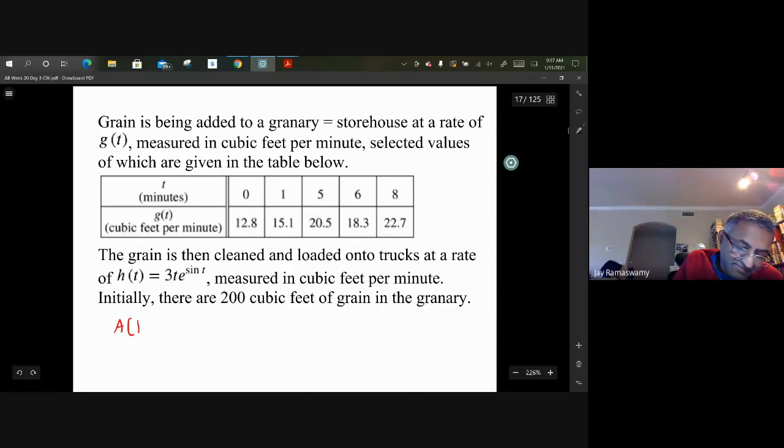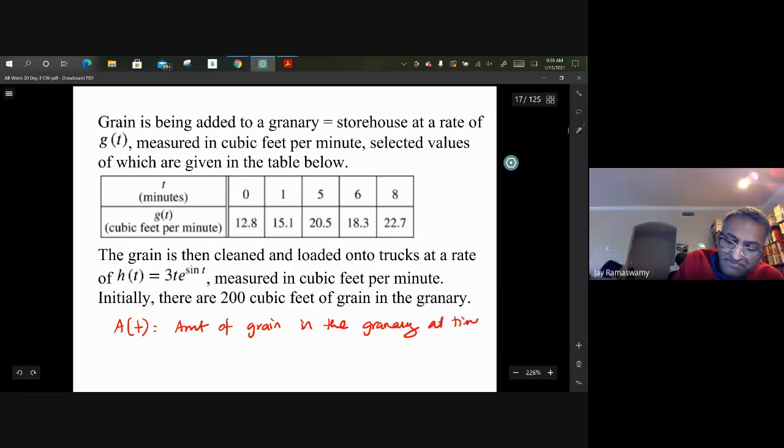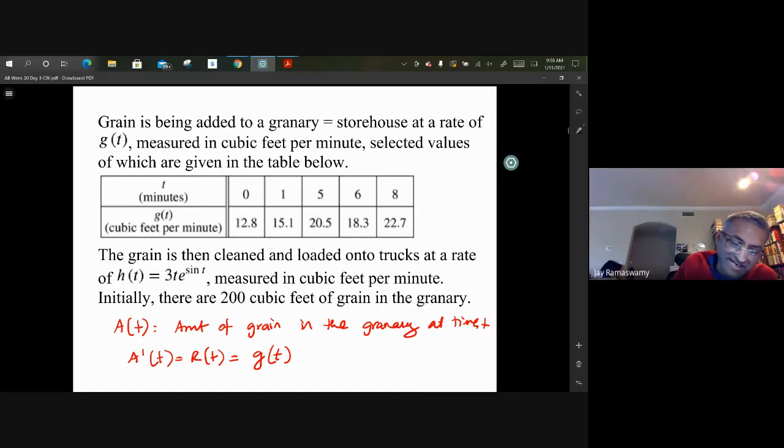Let A of T be the amount of grain in the granary at time T. And then A dash of T is R of T, which is H of T... G of T is added to the granary, so that's in, and then cleaned and loaded onto trucks, is that out?